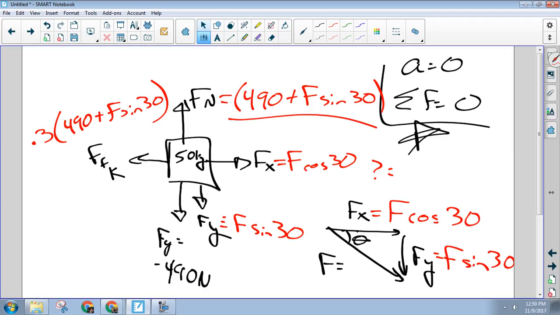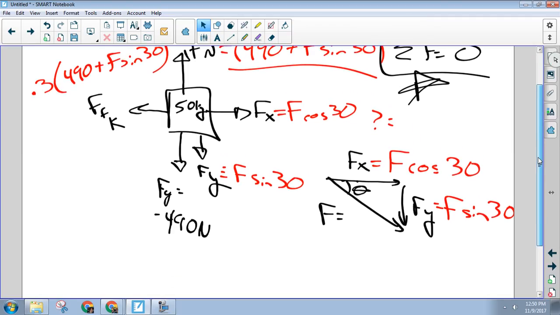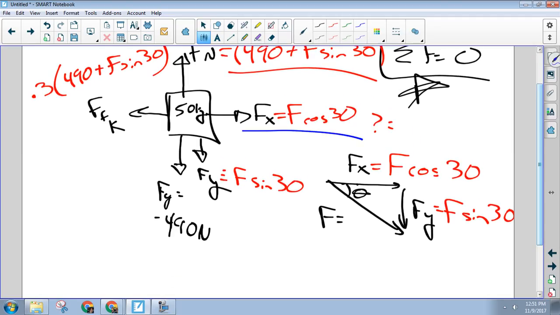You add them up, it's going to be 0. These two forces here have to cancel each other out. No, my horizontal forces have to cancel each other out.